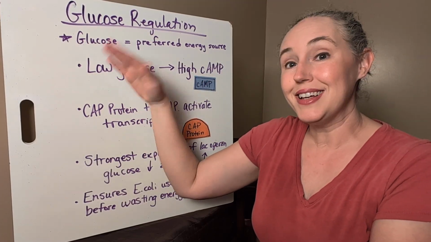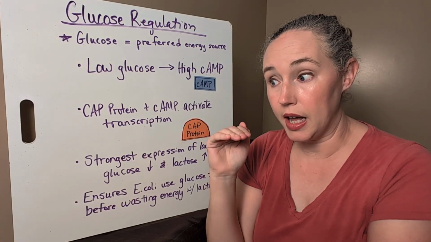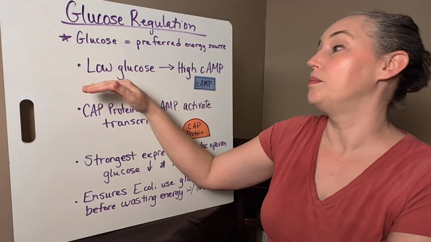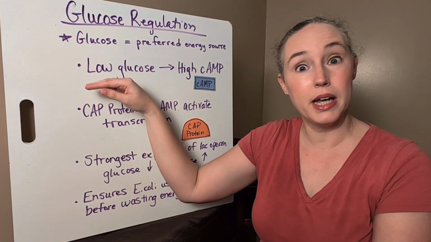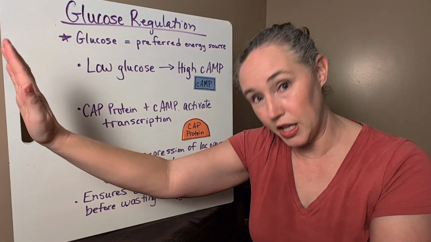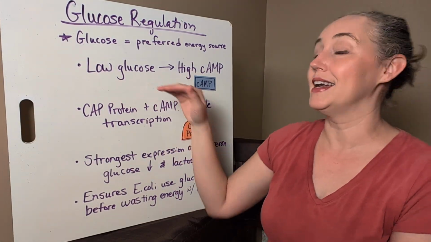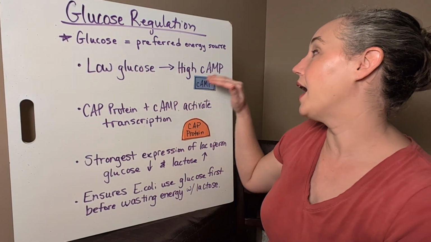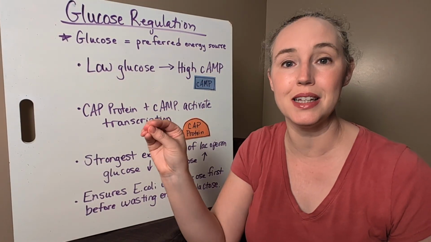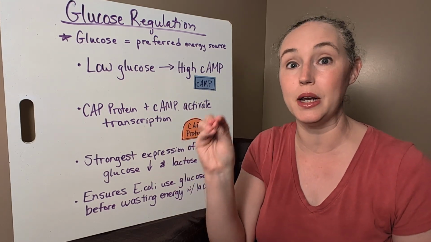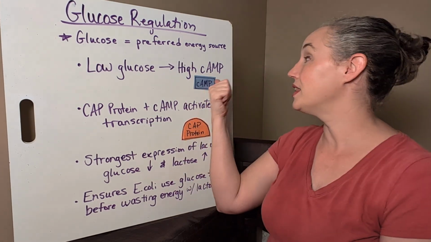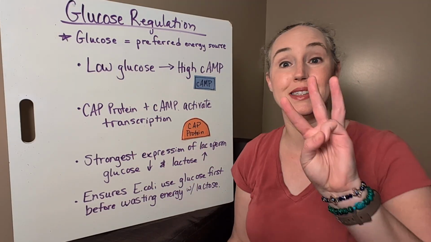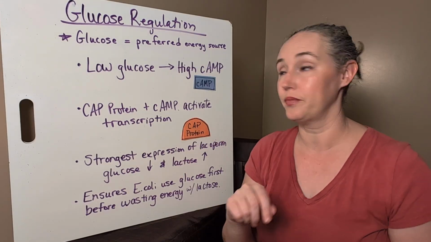If glucose is low in a cell, so it has low available energy, because of a biochemical reason that could be its whole own video that we're not getting into today and is beyond the scope of the AP exam, we have high cAMP, which is cyclic AMP, cyclic adenosine monophosphate. So this is actually a derivative of ATP, adenosine triphosphate, but instead of 3 phosphates, it only has 1.